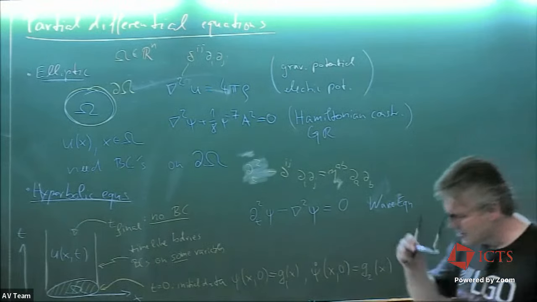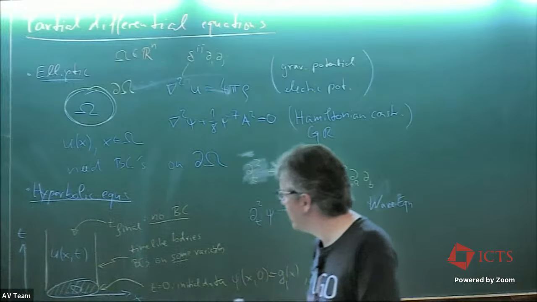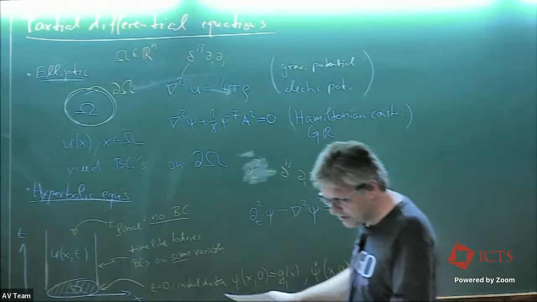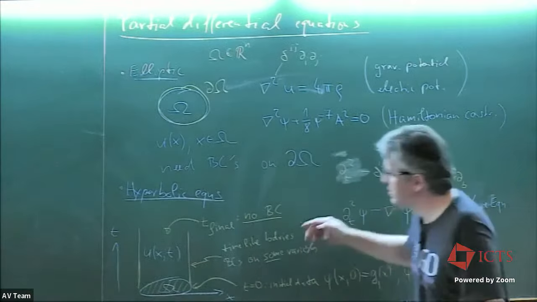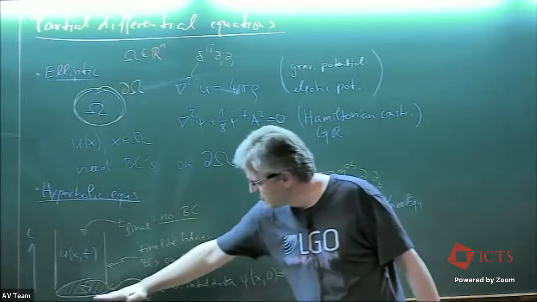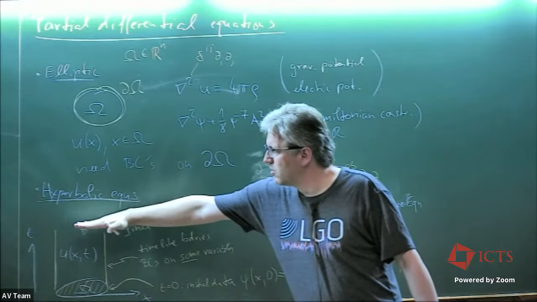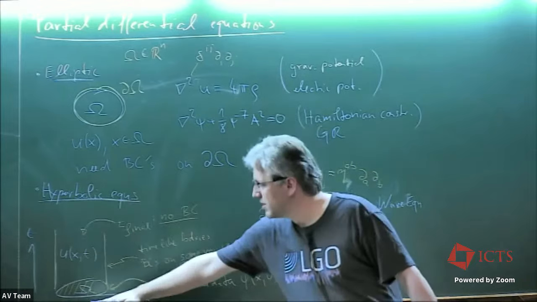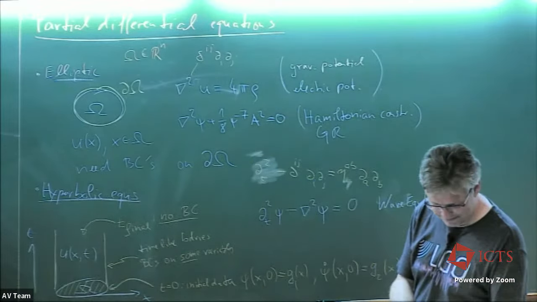And all of this boils down to the fact that hyperbolic systems are, of course, evolutionary, and the past determines the future. And so you have to specify things in the past, but you're not allowed to say what's the outcome at the future, because you're actually evolving there, and the equations are telling you that.